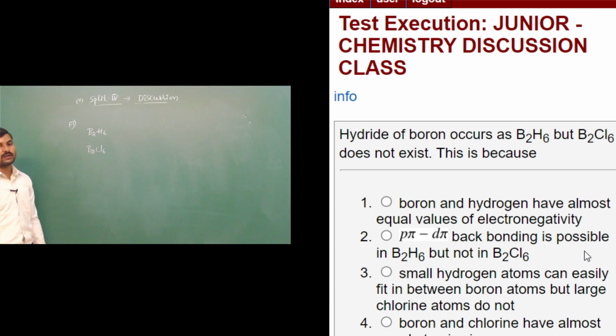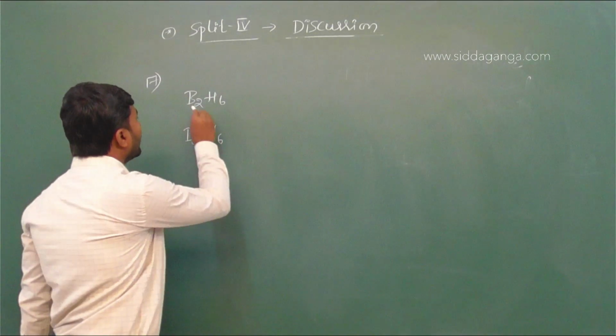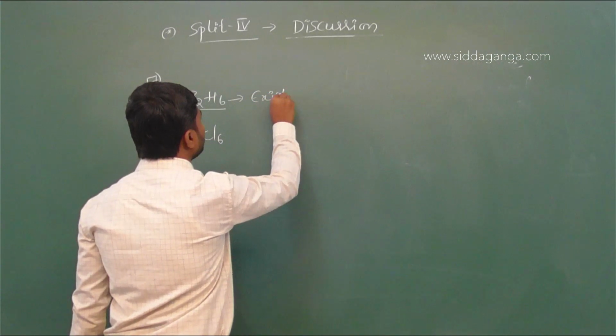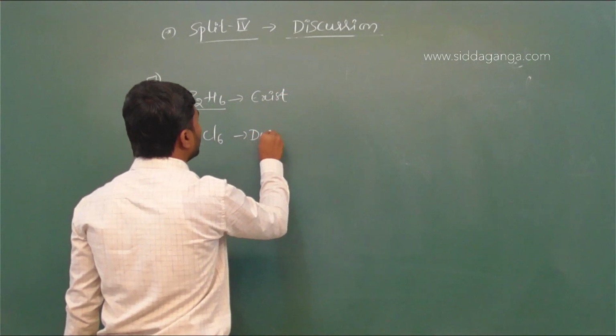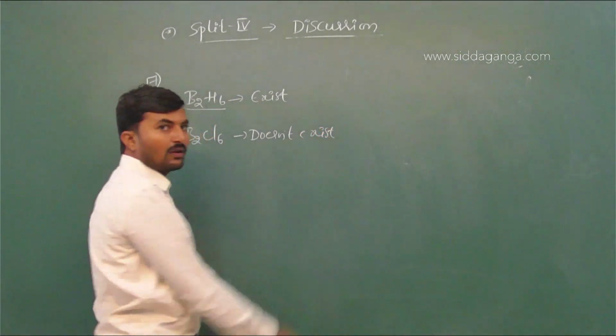This is because of... Okay, what they are asking is that the hydride of boron exists, but this does not exist. Why does this not exist?